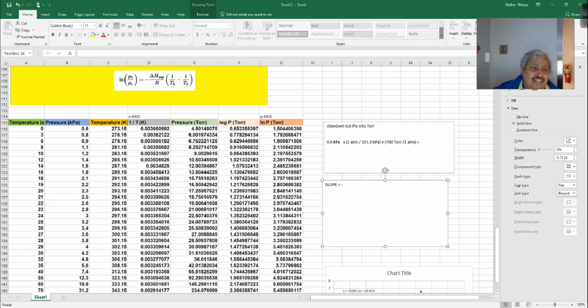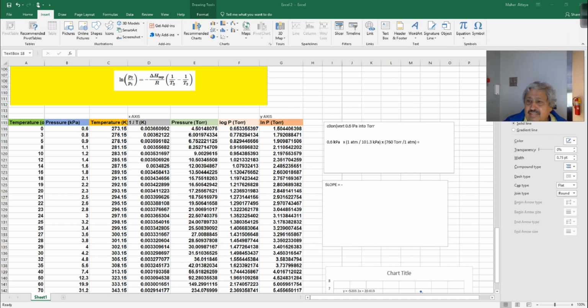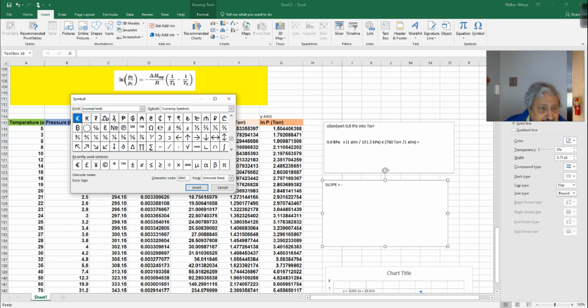I have to go to Insert, then Symbol, and I hope I can get delta somewhere. I don't see delta here. I'll have to go down, maybe I can find it here somewhere. Here it is, delta.